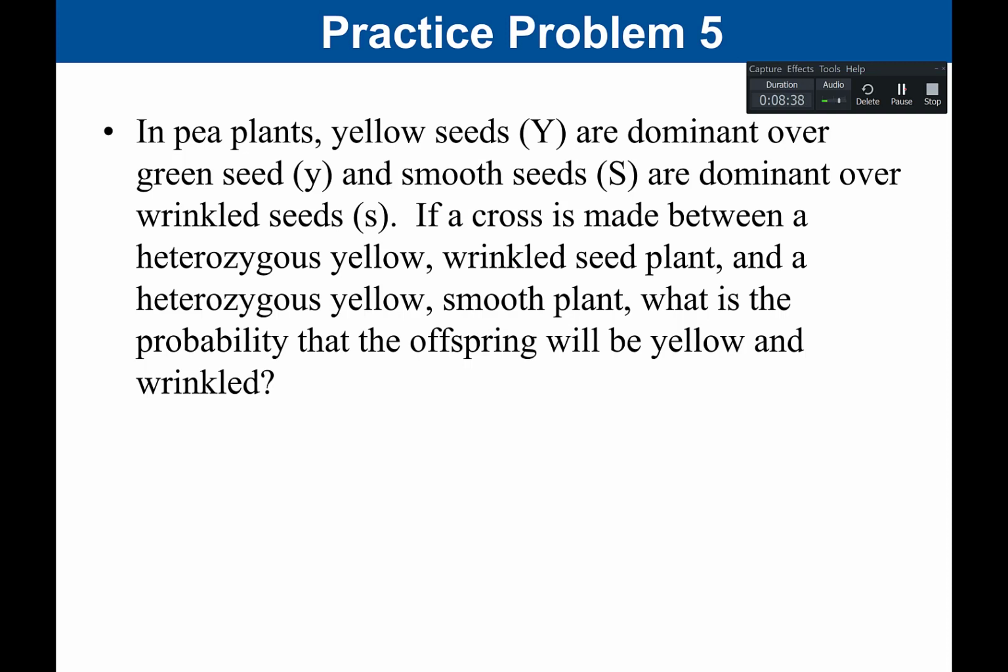And again, for the heterozygous yellow smooth, it's heterozygous at both. So what is the probability that the offspring will be yellow and wrinkled? And so you want to put your answer on Canvas. And once the due date closes, I will post the answers and how to solve those for you.